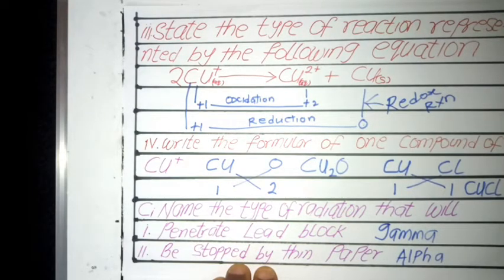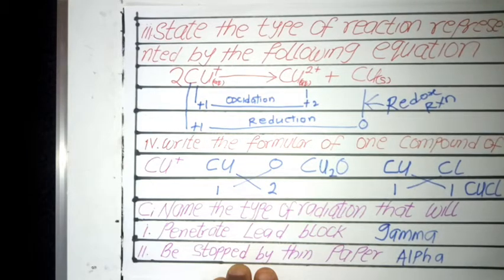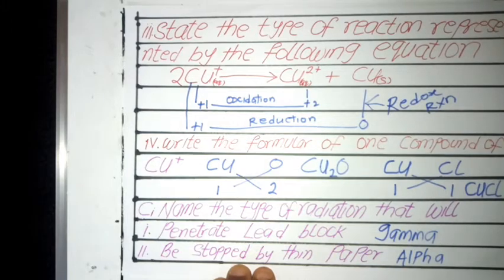Let me also add that beta radiation will be stopped by aluminum foil, but it's not among the question. Just know the one that penetrates lead block is gamma radiation, the one stopped by thin paper is alpha radiation, and the one stopped by aluminum foil is beta radiation.